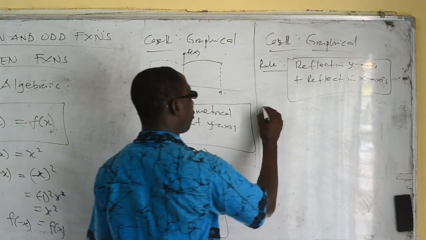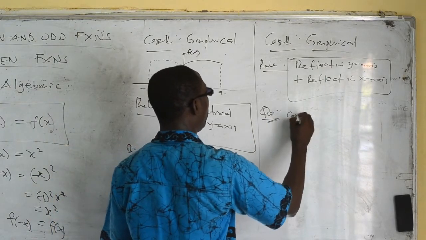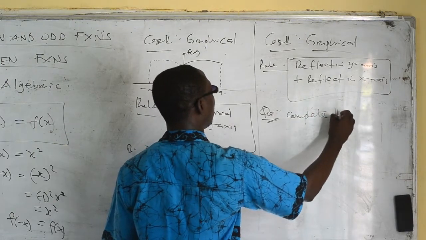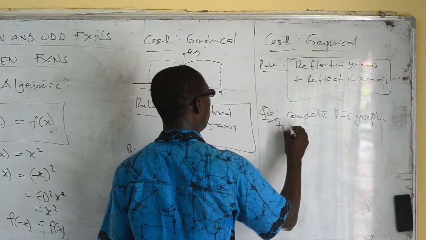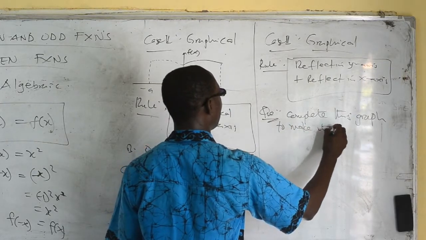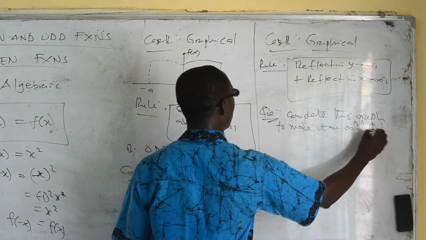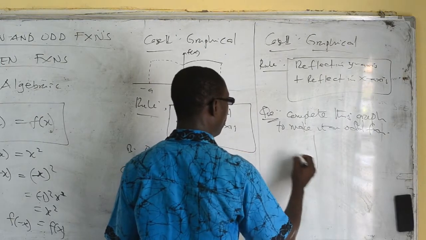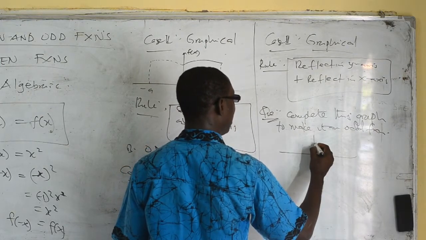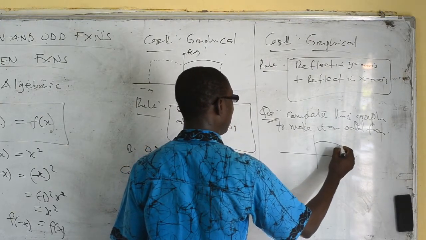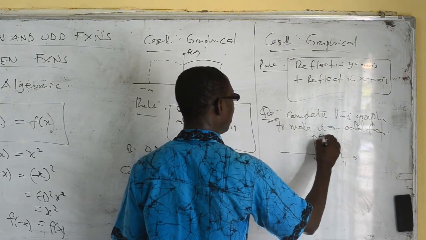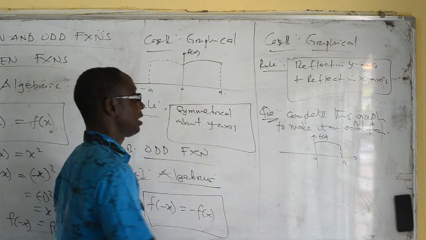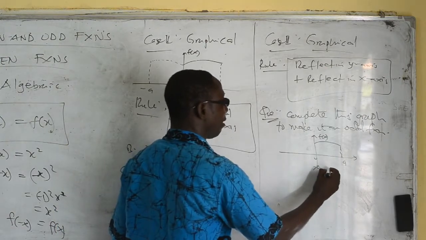So if I put a question like, complete this graph to make it an odd function, and the graph is drawn as this.